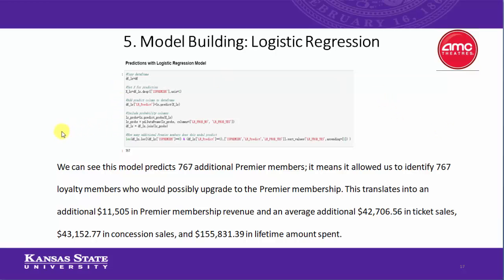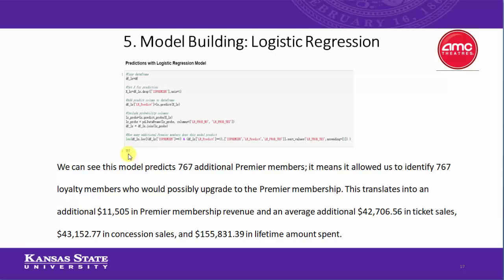From this picture, we can see this model predicts 767 additional Premier members. It means it allows us to identify 767 loyalty members who would possibly upgrade to Premier membership.